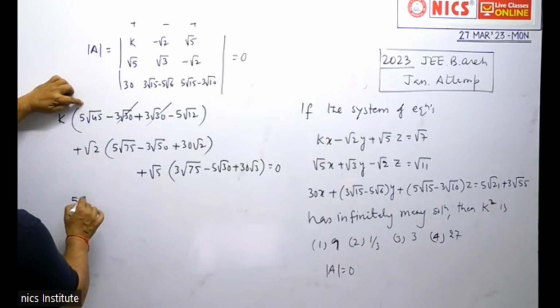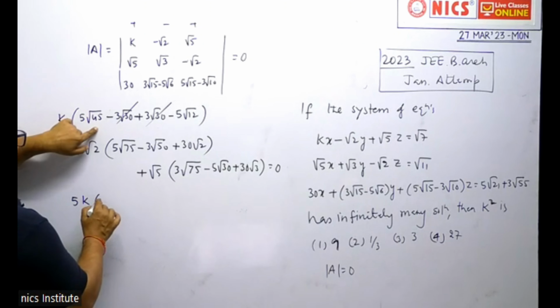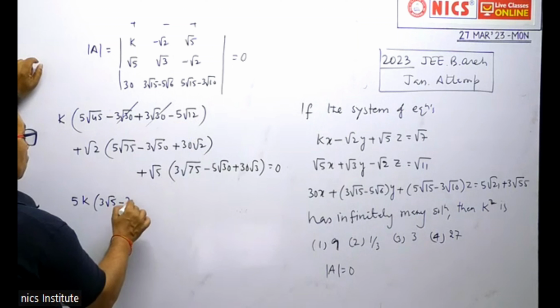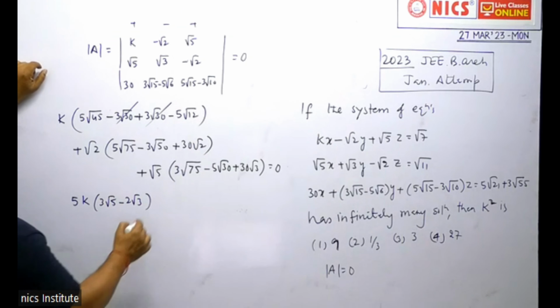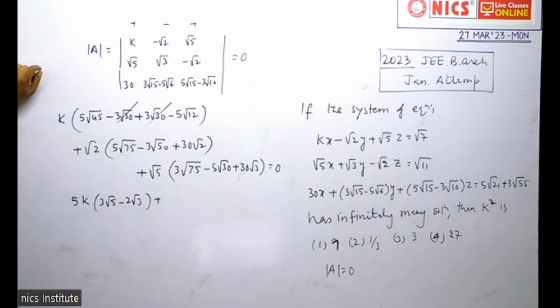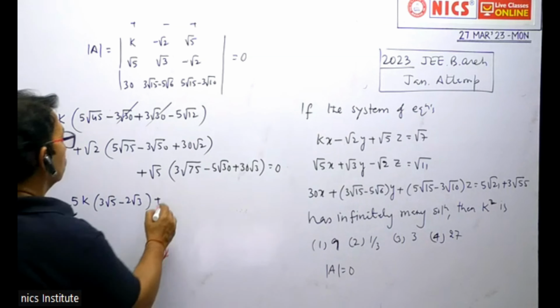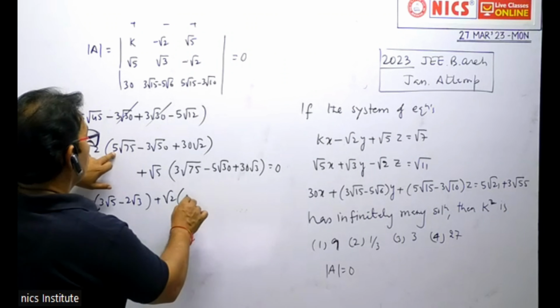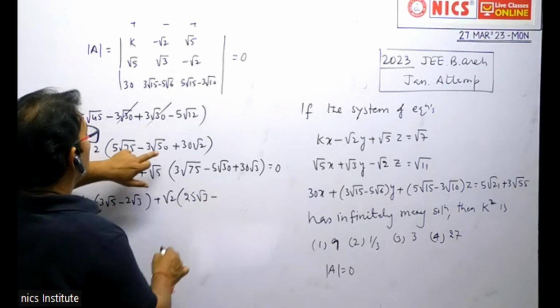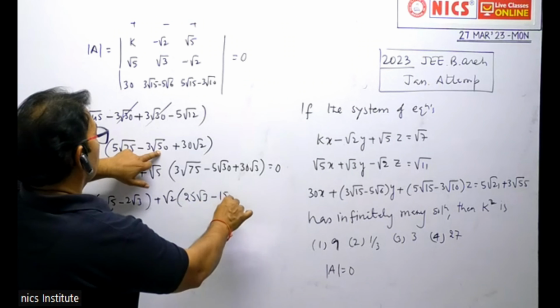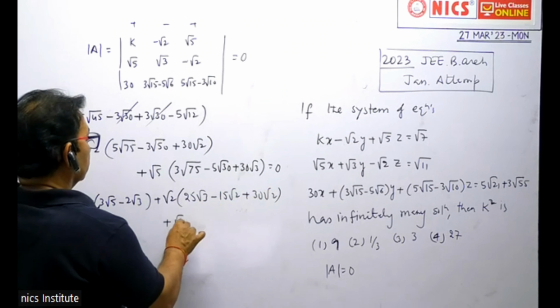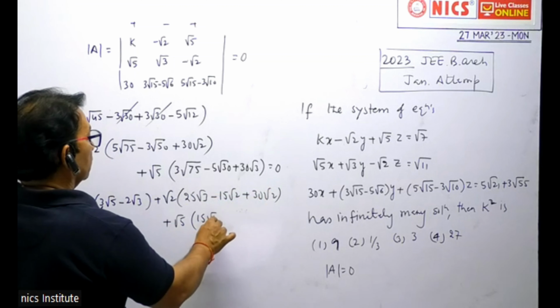If one can take 5 common. Root 45 you can write as 3 root 5. Root 12 you can write as 2 root 3. Root 2 you can simplify it further. 75 is 25 into 3, so 25 root 3. This is 45 into 2: 15 root 2 plus 30 root 2. And this way you can simplify it completely. 15 root 3.